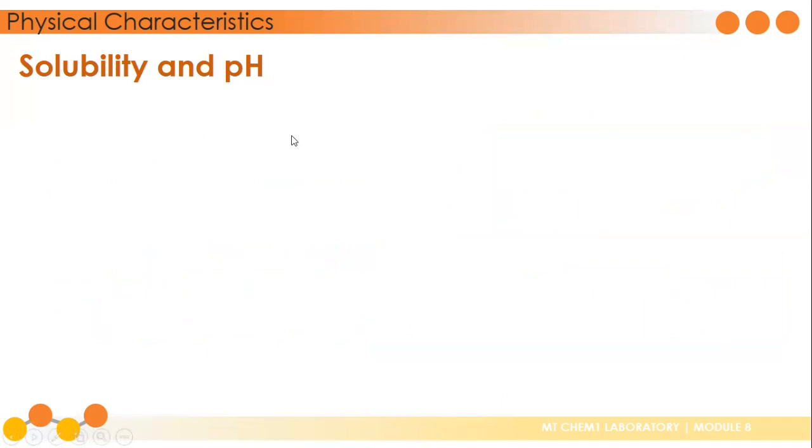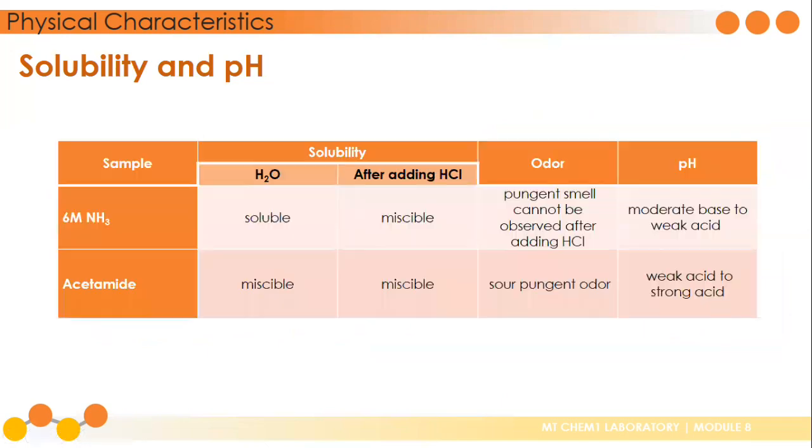Next is the solubility and pH of both ammonia and acetamide. Ammonia and water are miscible, and the same with acetamide; both of them are miscible in water. Upon adding hydrochloric acid, which is a strong acid, both are still miscible in our solution.